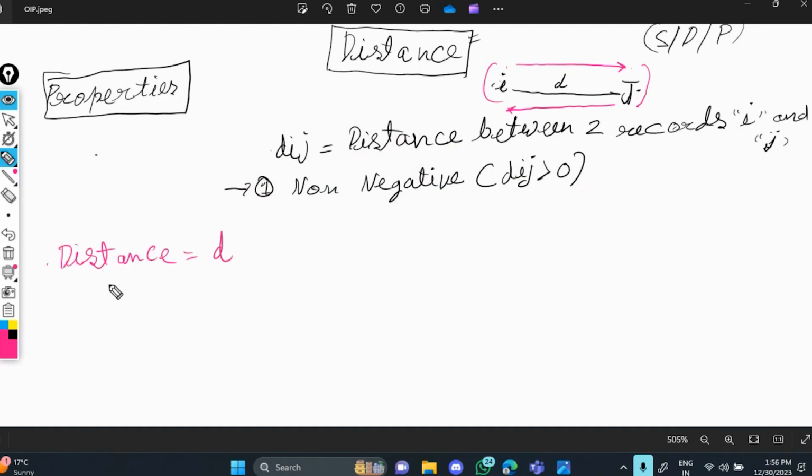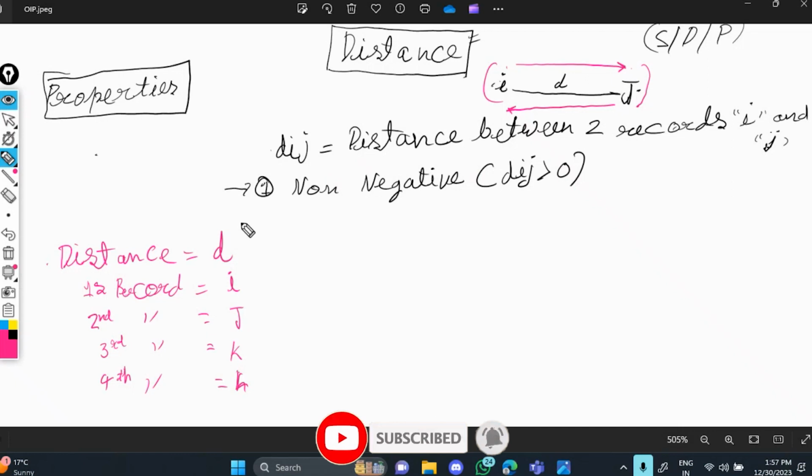The first record is denoted by i, the second record is denoted by j, the third record is denoted by k, and so on, the fourth one by l, and so on.